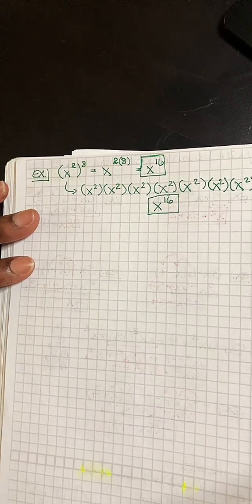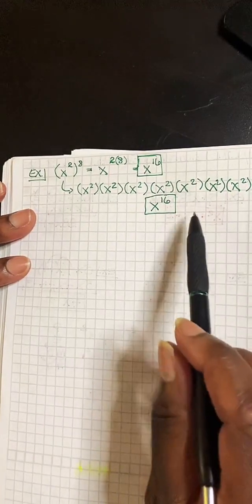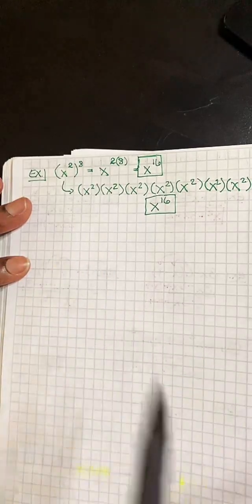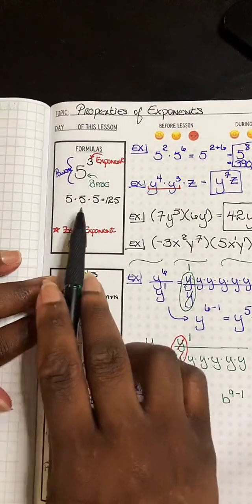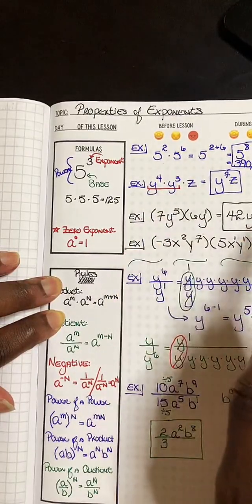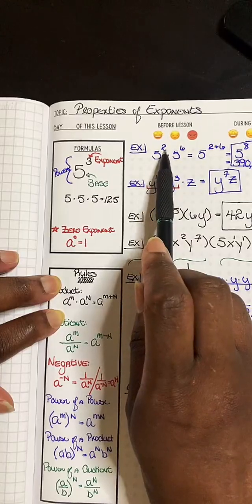So, okay, why do I add them? Well, because when you're multiplying, and I kind of broke it down a little earlier, so when you're basically having an exponent be raised to an exponent, you're breaking it down. So I could do the extension.